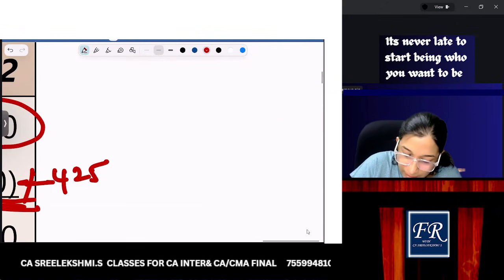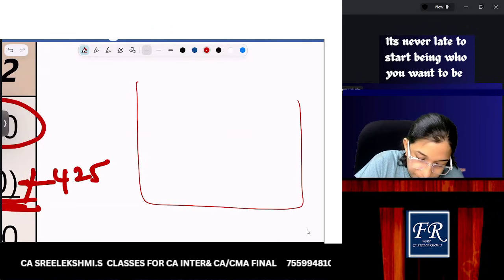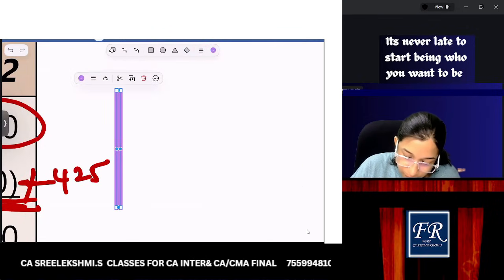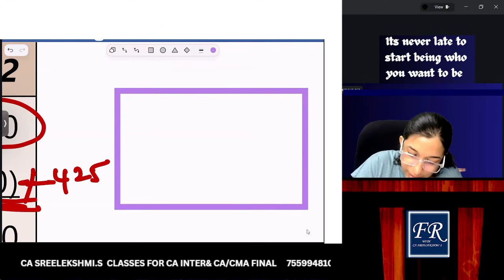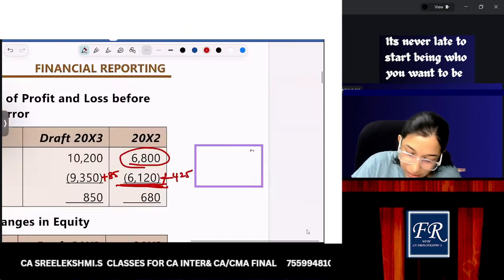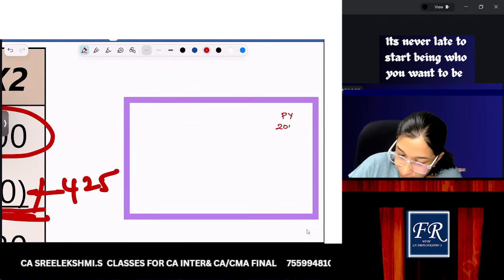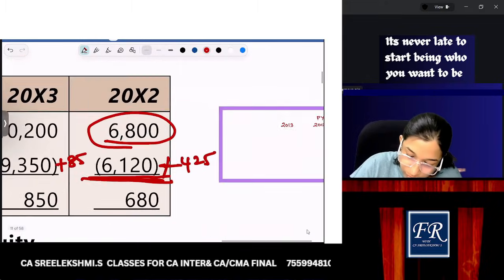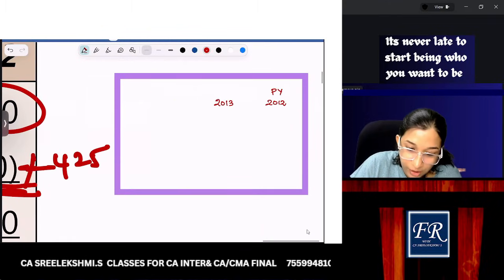So when we prepare the P&L extract, this is previous year 2012 and this is 2013. Revenue given is 10,200 and 6,800.